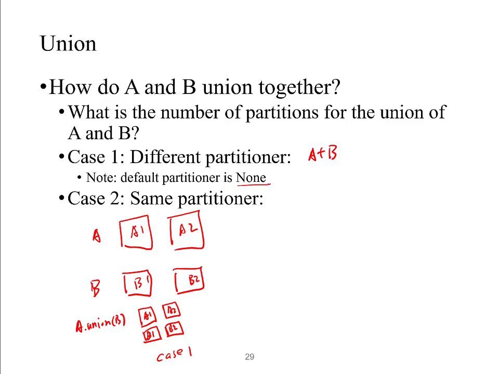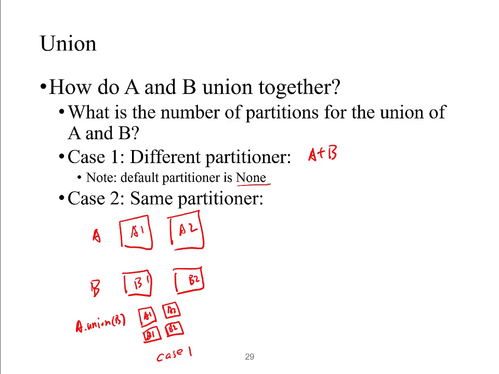So if you print A dot partitioner, you would see that it is none. And if the partitioners of A and B are both none, they will be considered as different partitioners. So that is kind of a special case here.